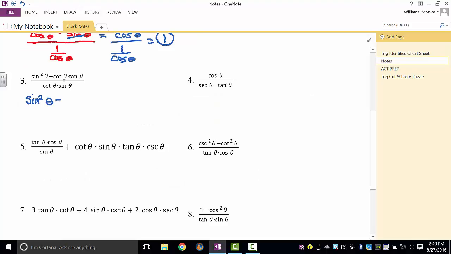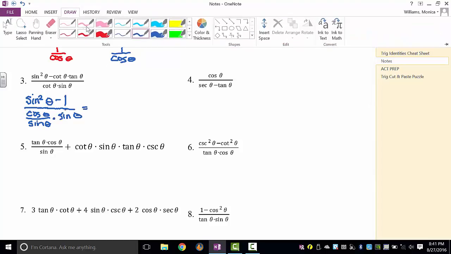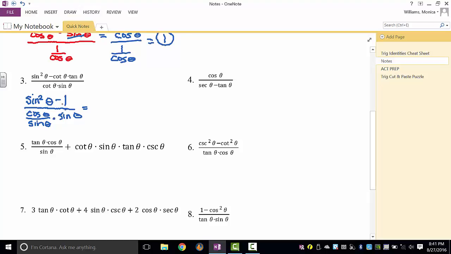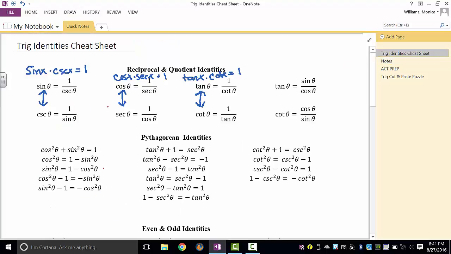So here we have cotangent times tangent. They are inverse functions, so I will replace that part with 1. Cotangent on a cheat sheet is cosine over sine, and I do not change sine. Continue to simplify. Sine squared theta minus 1. If you look on your cheat sheet under the Pythagorean identities, when you see something squared, you will probably find it down here.